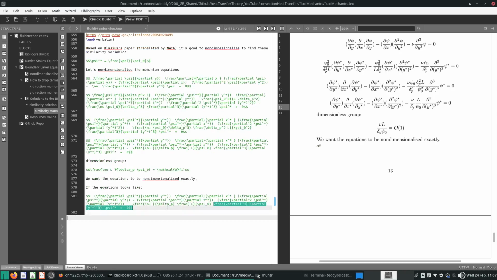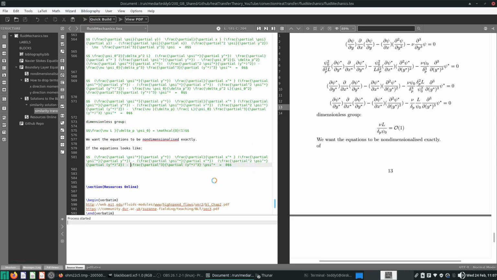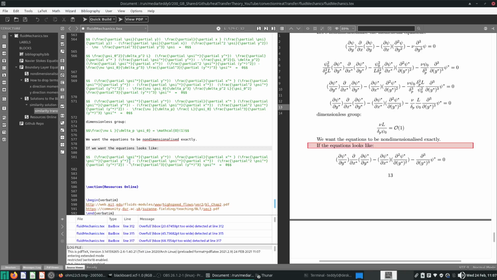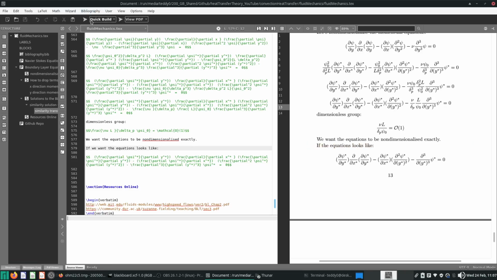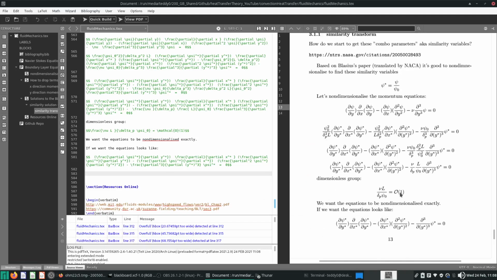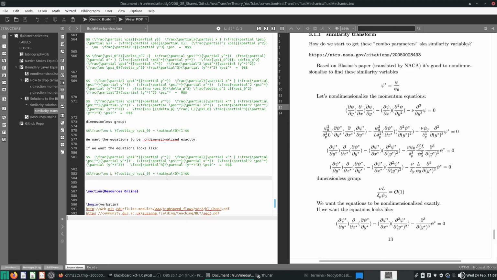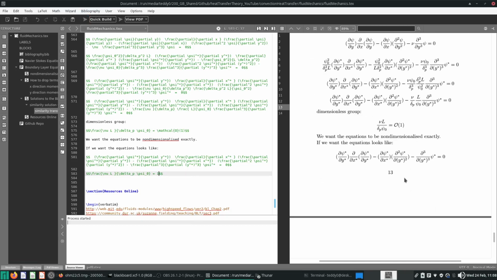That's the idea of this whole non-dimensionalization process, so that you can find the groups that you want. If you want the equations to look like this, where everything is nicely non-dimensionalized, very neat, then this parameter cannot just be on the order of magnitude of 1, it has to be 1 exactly. So this term has to be 1 exactly.